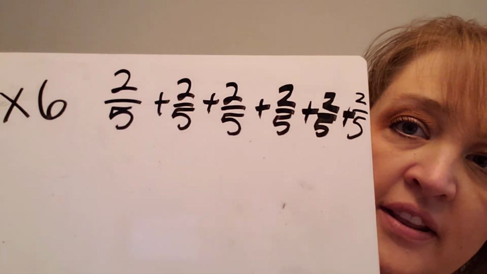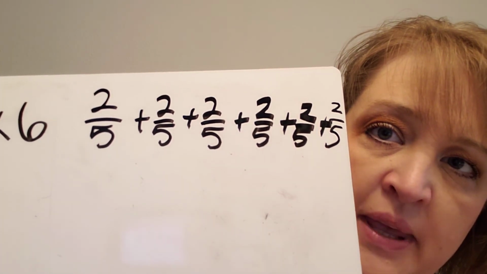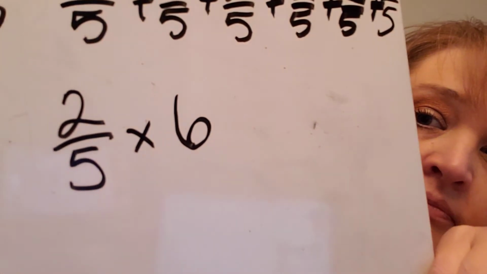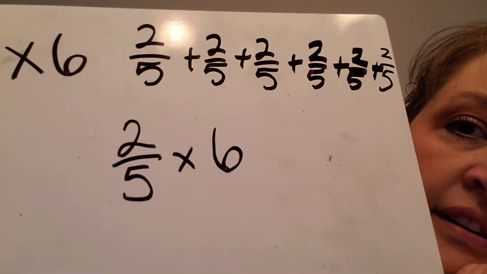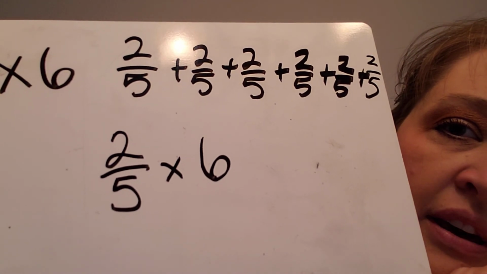I could do all of that and add it up because I know that multiplication is repeated addition. That's a lot of writing. That's pretty long. What if I just wrote it like this? 2/5 times 6. Oh, that's a lot shorter, isn't it? That might be the way that I want to go.